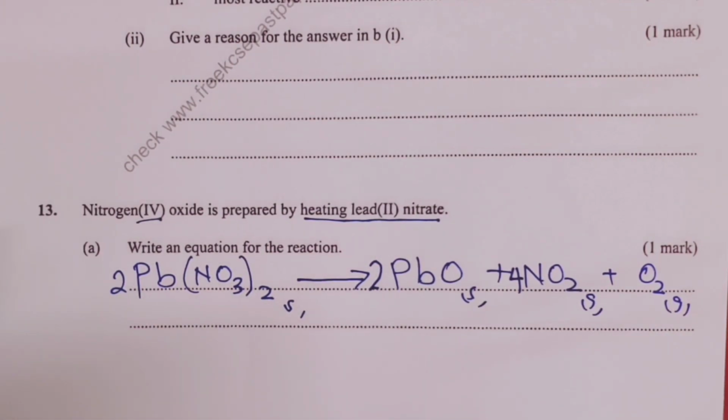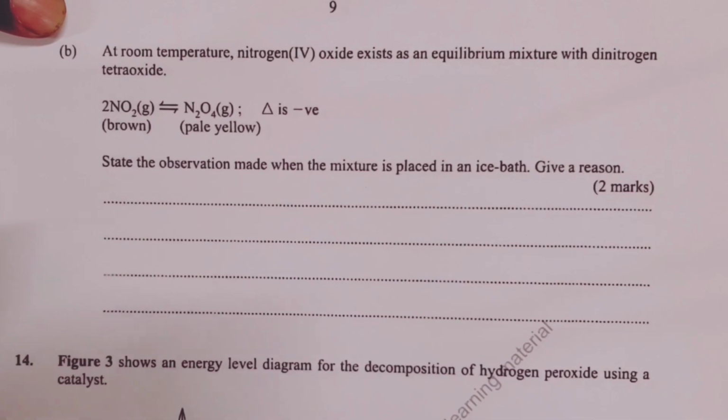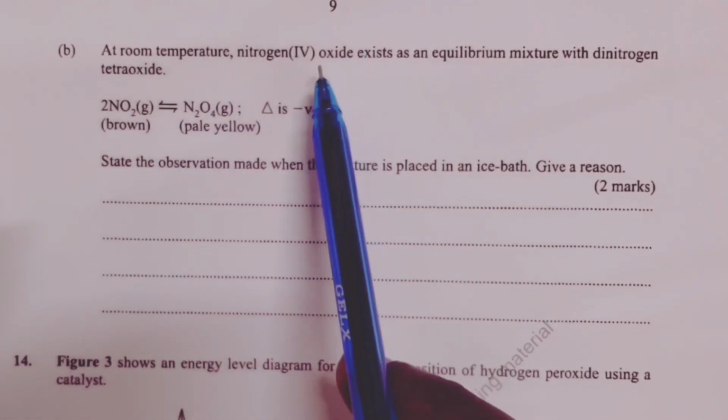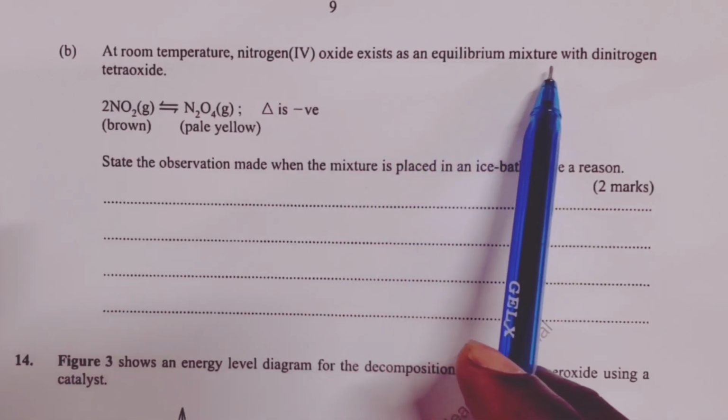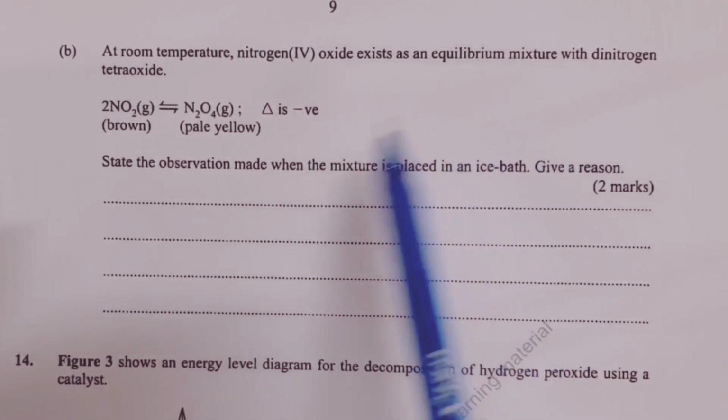Now part B needed some additional chemistry knowledge, which we usually give our candidates in the topic reversible reactions of Form 4. Let's have a look at question 13, part B. So in part B, we are told that at room temperature, nitrogen 4 oxide exists as an equilibrium mixture with its dimer.